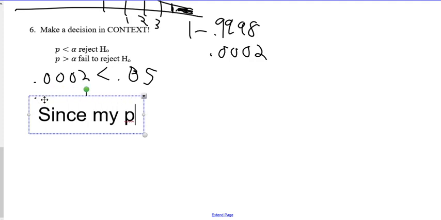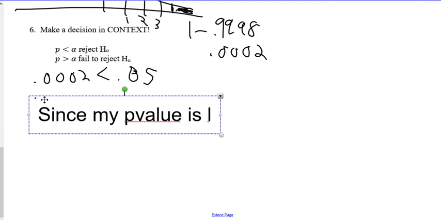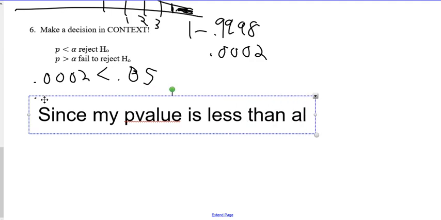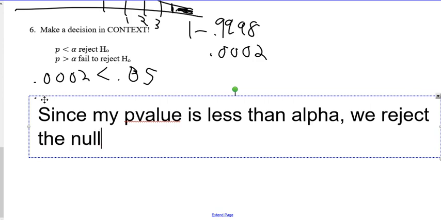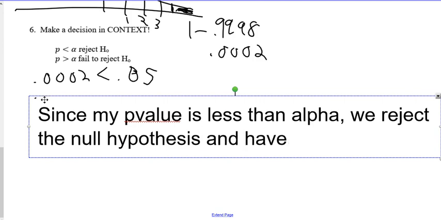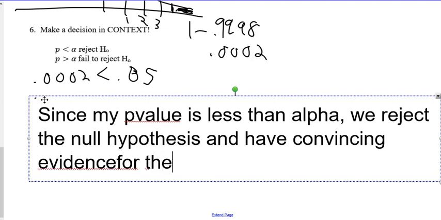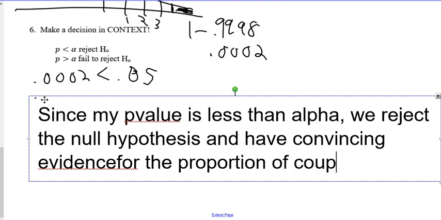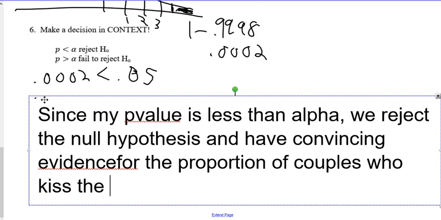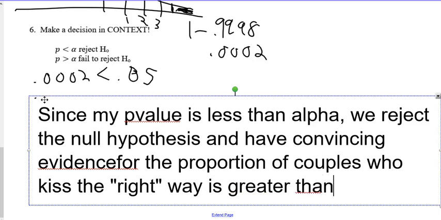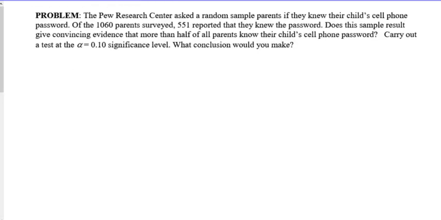Since my p-value is less than alpha, we reject the Ho, or the null hypothesis, and have convincing evidence for the proportion of couples who kiss the right way is greater than 50%.